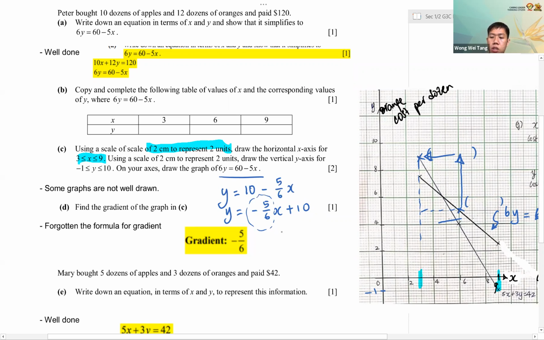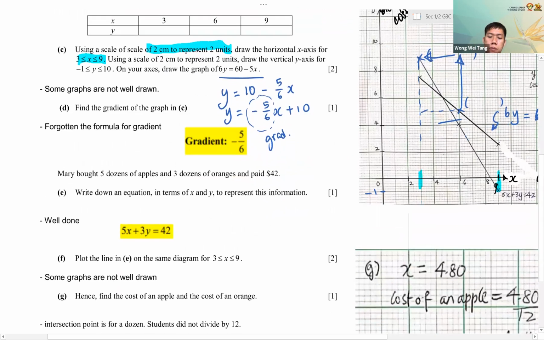This will be our gradient. So you do not need to use your graph to tell what the gradient is. This is useful if your graph is drawn wrongly or you read the coordinates wrongly. Then you can have more confidence if you are able to make y the subject in order to find the gradient. Okay, so next one.